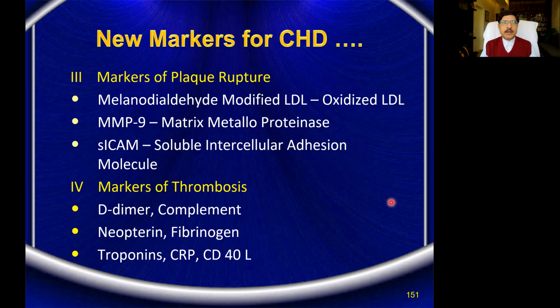Markers of plaque rupture: malondialdehyde, modified LDL and oxidized LDL, matrix metalloproteases, soluble intercellular adhesion molecules. Markers of thrombosis: D-dimer, complement, neopterin, fibrinogen levels, and then troponins, CRP, and CD40 ligand.